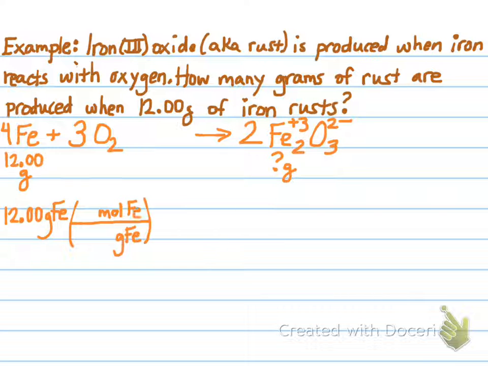This is my tool, molar mass. Again, I like to come back and fill in all my numbers at the end so that I can think through my units. So moles of iron are on the top. I don't want moles of iron, so I have to put moles of iron on the bottom so they'll cross out. Now, my only way to change from one substance to another is my mole ratio, so this is going to be my mole ratio.